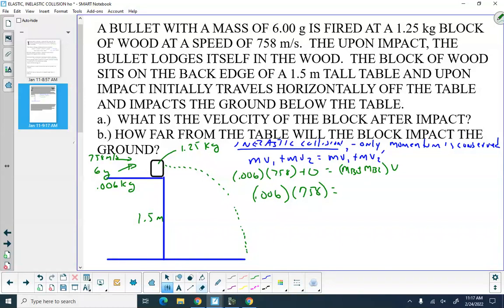So we have our 1.25 plus the 0.006 times our velocity.